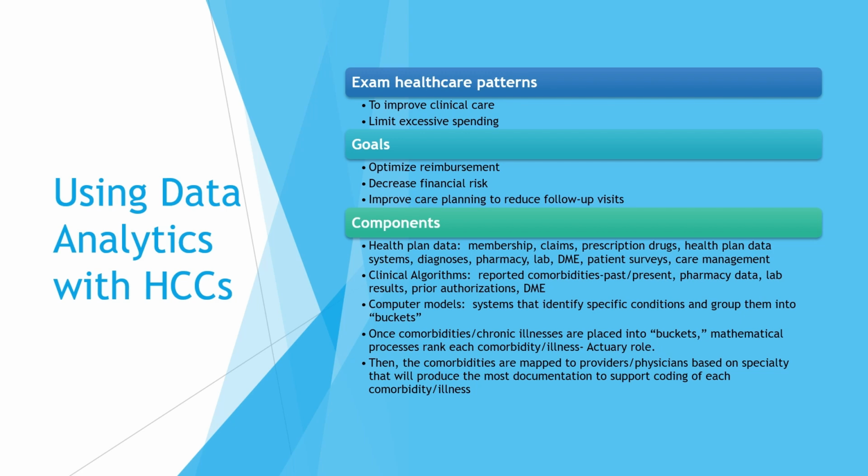3. Components. Health plan data, membership, claims, prescription drugs, health plan data systems, diagnoses, pharmacy, lab, DME, patient surveys, care management. Clinical algorithms, reported comorbidities past/present, pharmacy data, lab results, prior authorizations, DME.